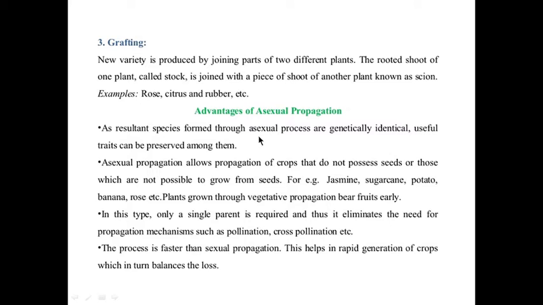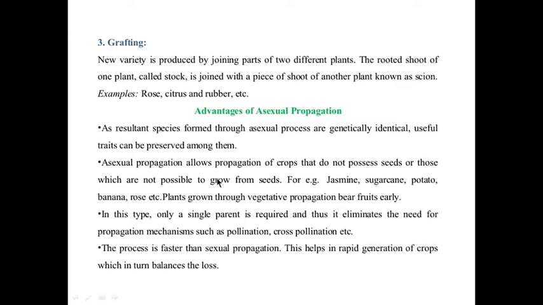So the first important advantage of this method is that genetically similar species with the same traits can be regenerated, and due to which these traits and species can be preserved because they are genetically identical.